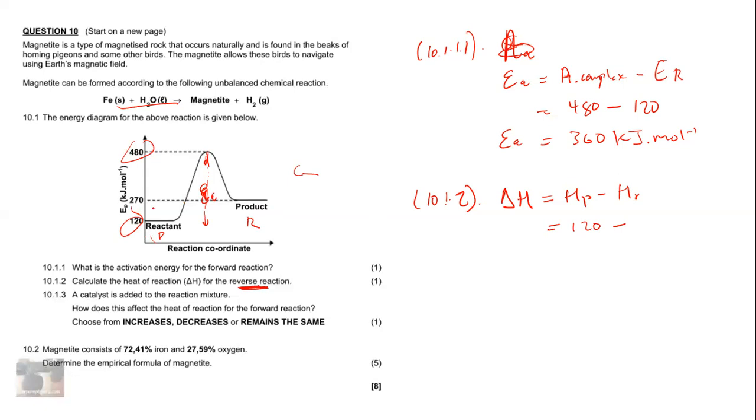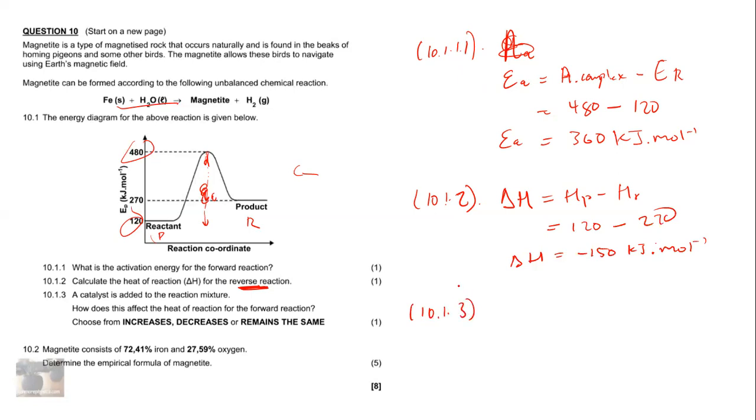It's this one, which is 270. And therefore the difference will be 120 subtract 270. It will be negative 150 kilojoules per mole. Therefore this will be your enthalpy, the heat of the reaction. Okay. I'm enjoying chemistry, guys. I love chemistry. That will be 10.1.2.